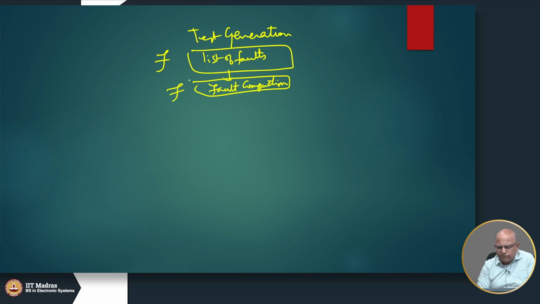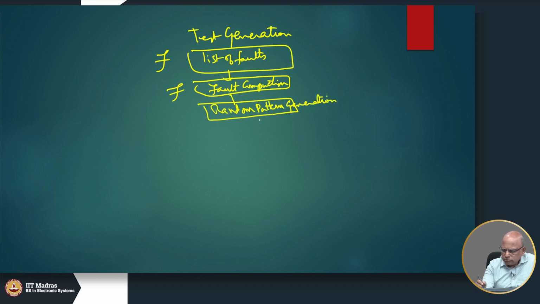Okay, so update F, then random pattern generation. Then I had told you that fault simulate the random vectors.